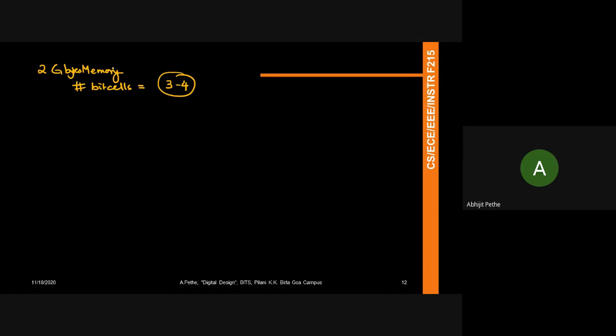So whenever we design memory, it will be spec'd for much lower than what it's actually designed for. A lot of testing happens once your chip comes back from the foundry, because many times the yield on the memory is not high enough. So even though you have 4 gigabytes of memory, it will be spec'd for only 2 gigabytes, because not all memory cells will work. Some of them will have reliability issues, that is, some of them will stop working after a few cycles of memory use, etc.